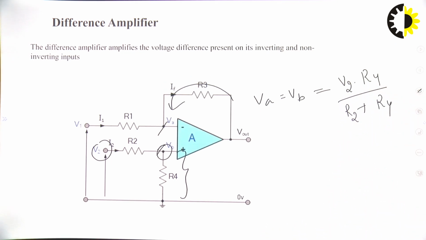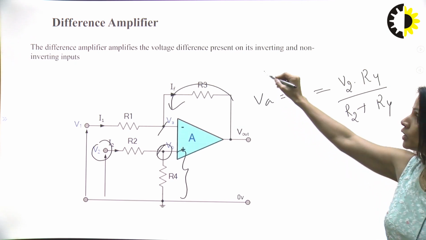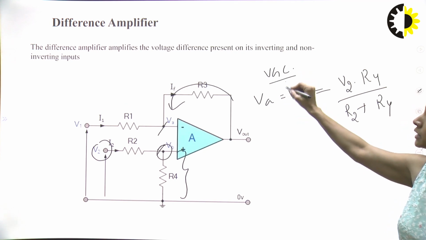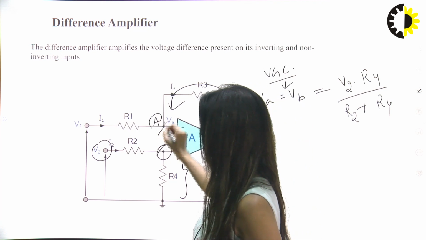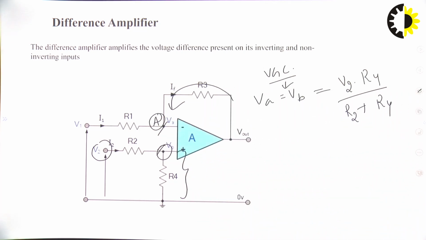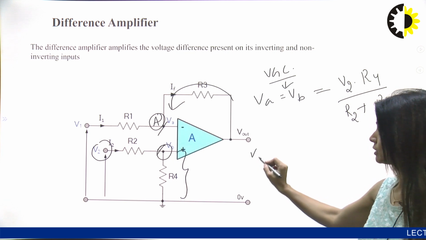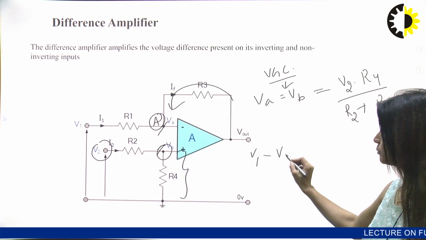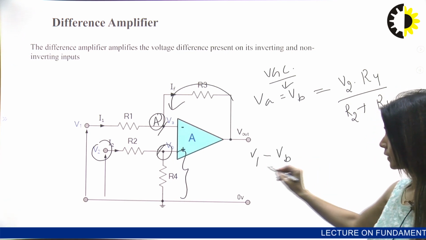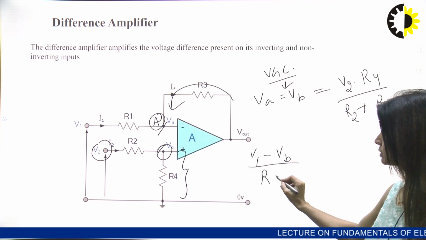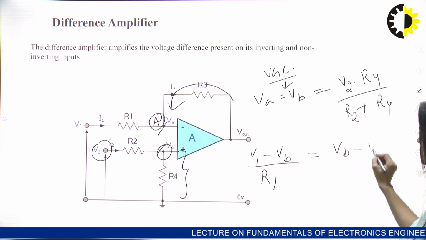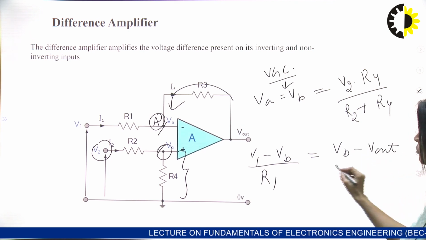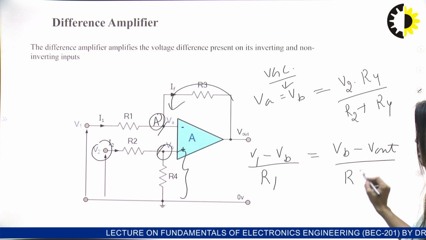Now according to the virtual ground concept, this is holding, and then we need to apply KCL at node A: V1 minus VB upon R1 is equal to VB minus V out upon R3.